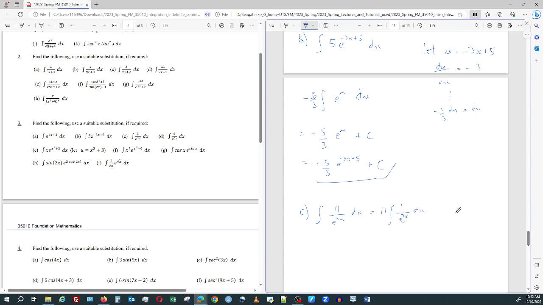And we can let u equal e to the 7x. And the reason that I'm doing this, stay in your column, is because it's a chain rule.